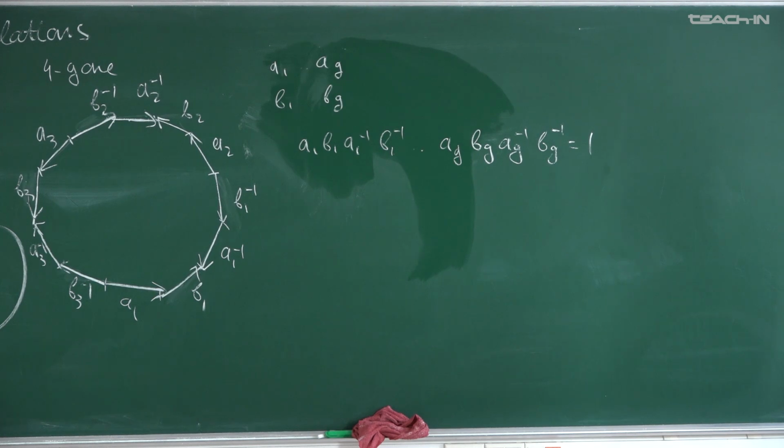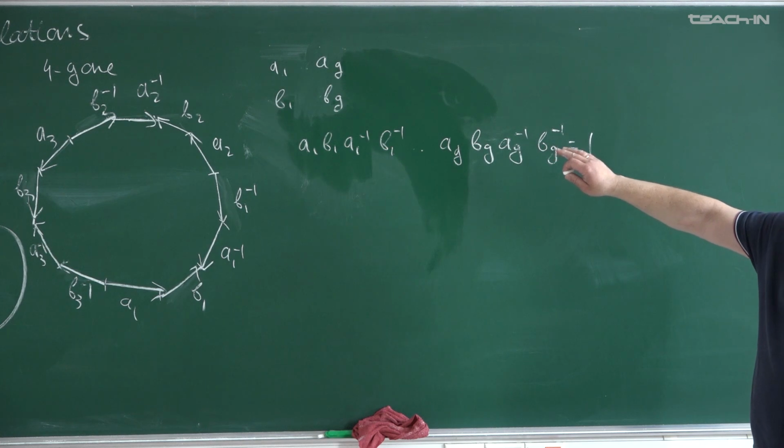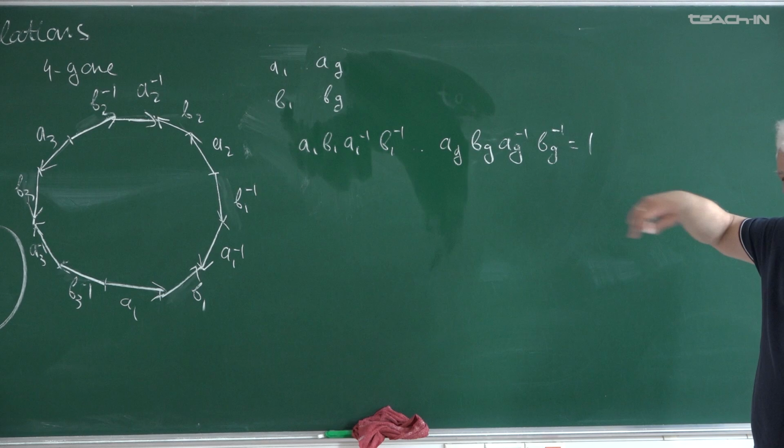Now, how to see it? First of all, you see any path can be moved, homotopically moved to the boundary, and you obtain a sequence of A and B. And there's only one relation. If you have the sequence, it can be shrunk to a point. So the fundamental group of the Riemann surface is a group with 2g generators and one relation.